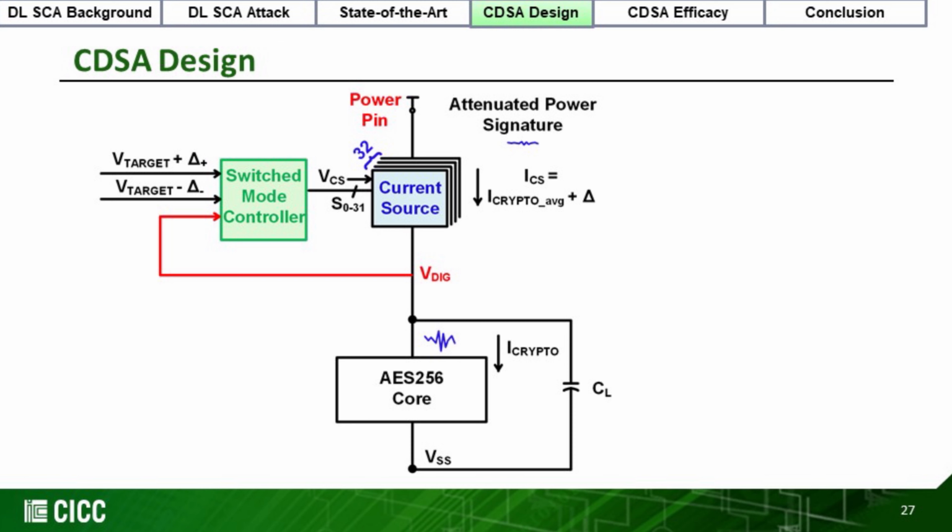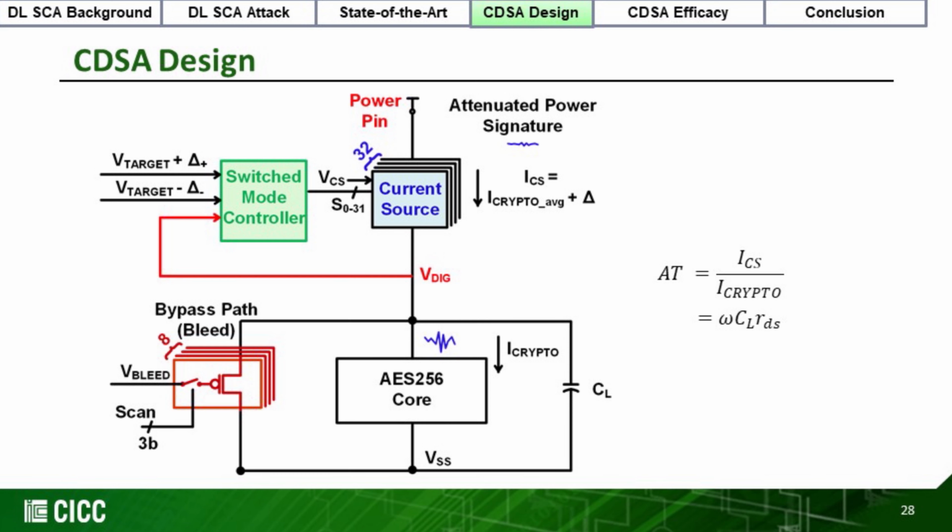Now the current from the top is set to a quantization level closest to the average crypto current. The quantization error in the current is passed through a bypass path, which is the bleed. It provides a local negative feedback and also allows low frequency regulation.